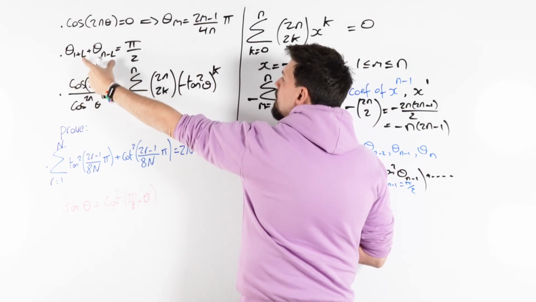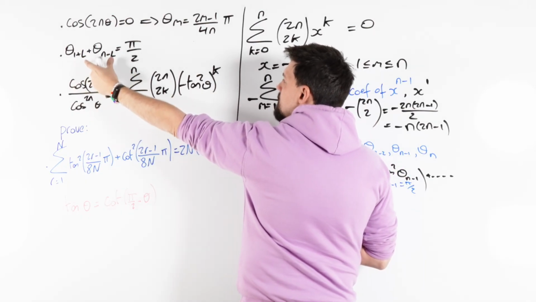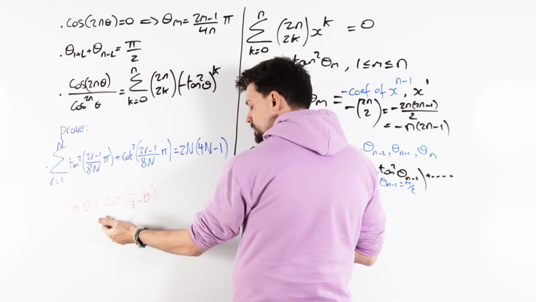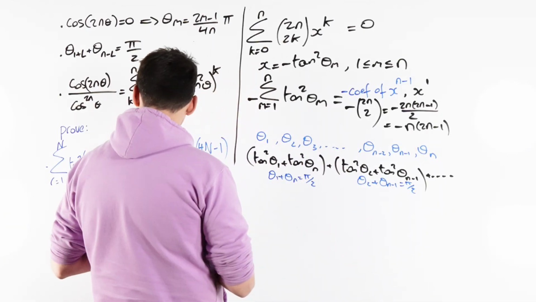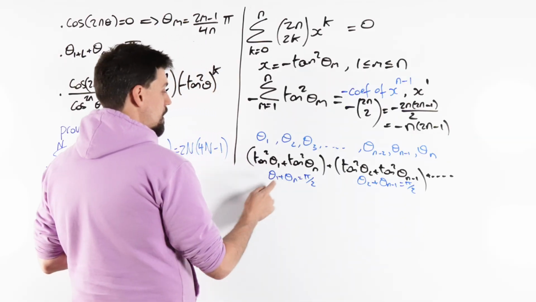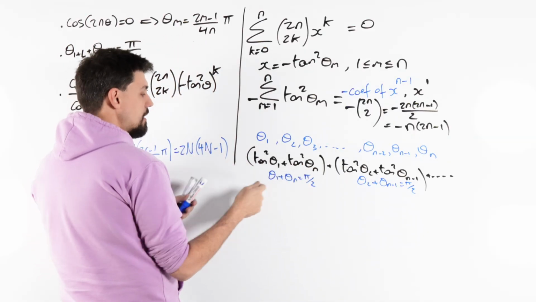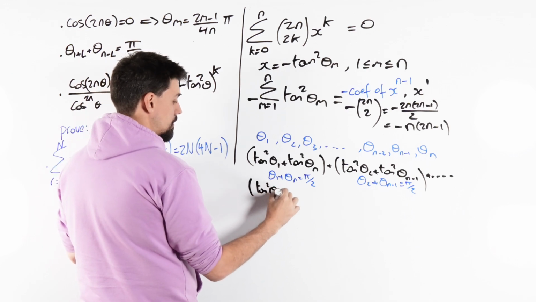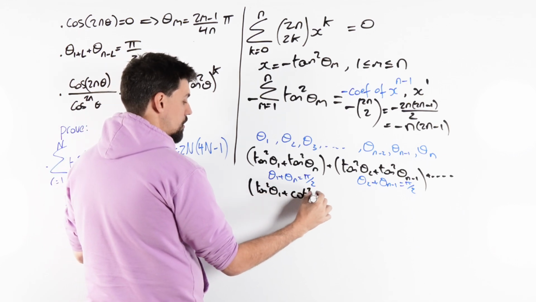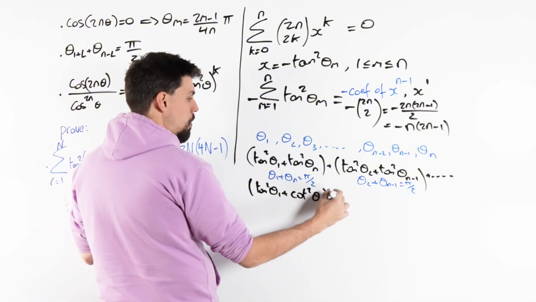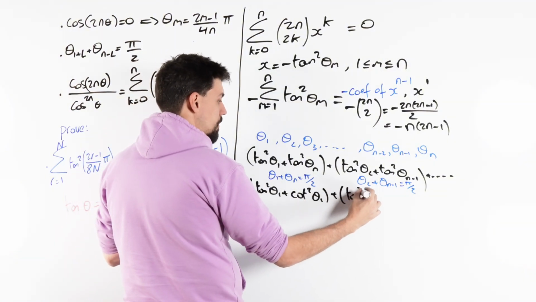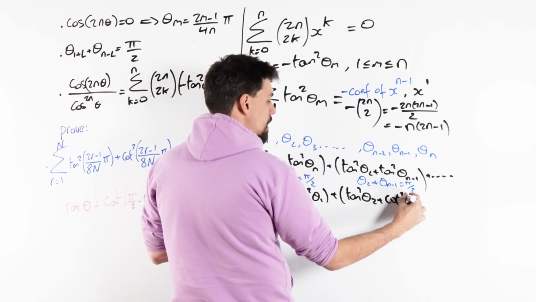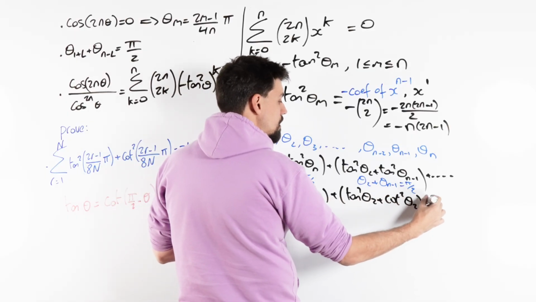Put in l is 0, l is 1, l is 2, l is 3. And then we can use this fact. tan of θ_n is just cot of θ_1. Tan of θ_(n-1) is cot of θ_2.